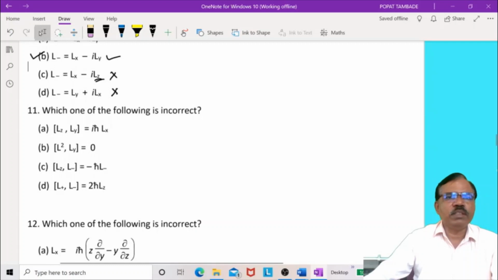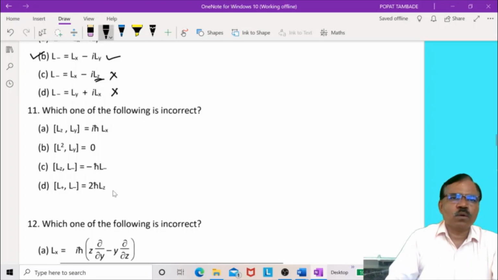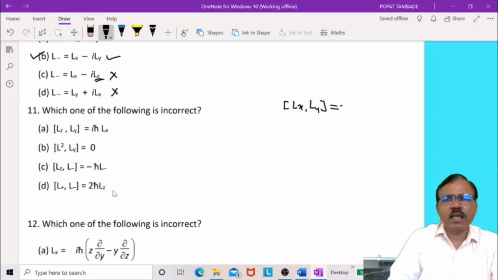Which one of the following is incorrect? Now we know the commutator Lx comma Ly is iħ Lz. Ly comma Lz is equal to iħ Lx.